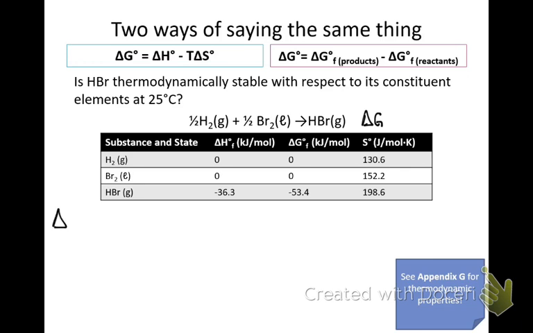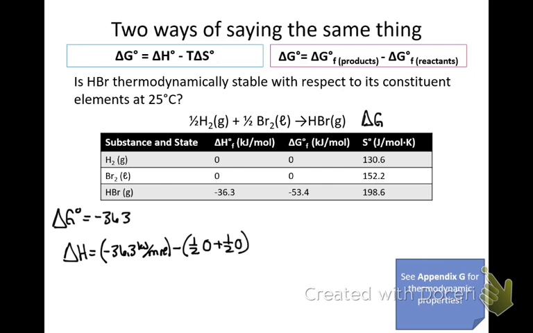So if you were to calculate delta G this way, first find delta H. That's going to be the product, so negative 36.3 kilojoules per mole, minus the reactants, so 1/2 of 0 plus 1/2 of 0. So that one will be negative 36.3 kilojoules per mole.